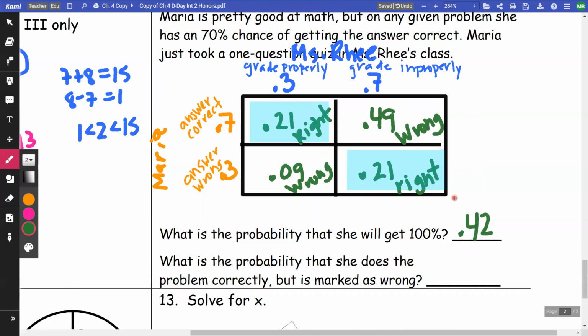Okay, what is the probability that she does the problem correctly but is marked wrong? Let's take a look at that. She does it correctly, but is marked wrong. So let me just get a different highlight. Okay, so this is where she did it correctly, but is marked wrong, okay?